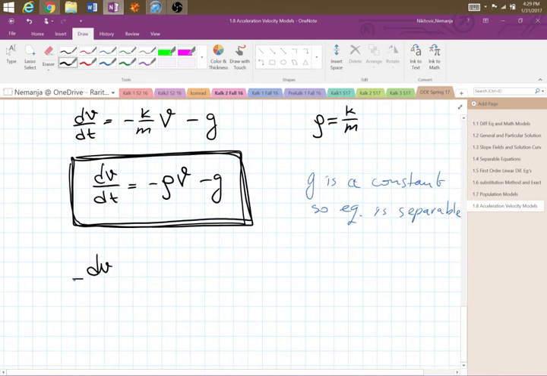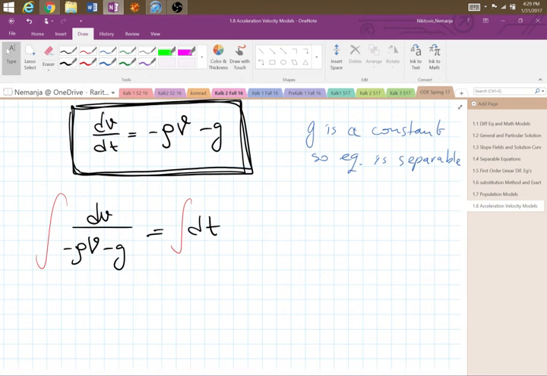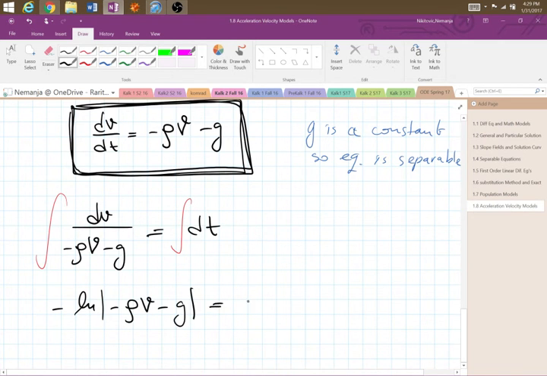dv over negative rho v minus g is equal to dt. Integrate both sides. We get that on the left hand side, negative ln absolute value of negative rho v minus g is equal to dt plus some constant c.